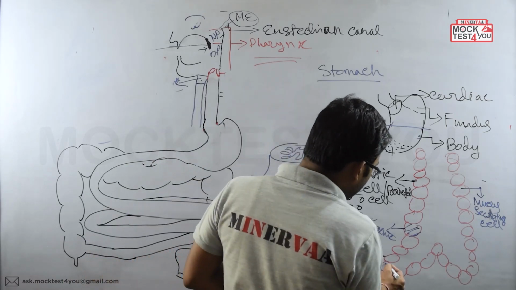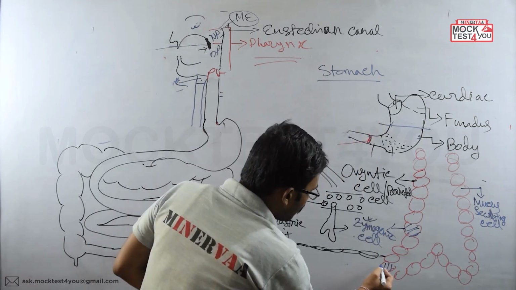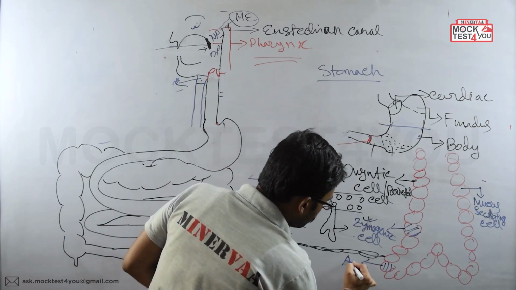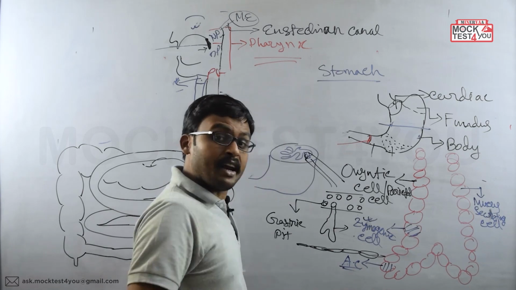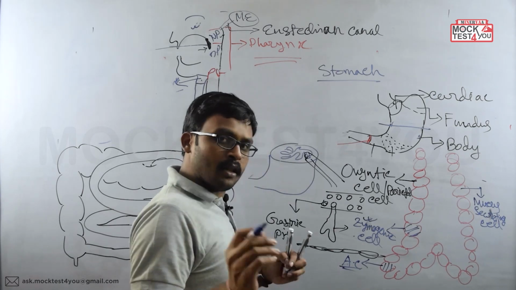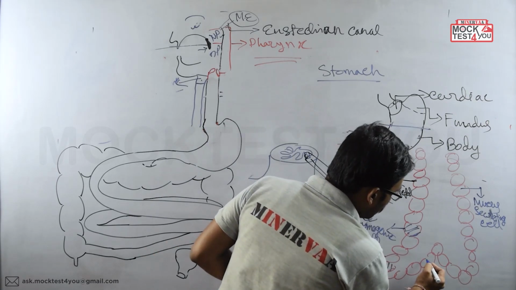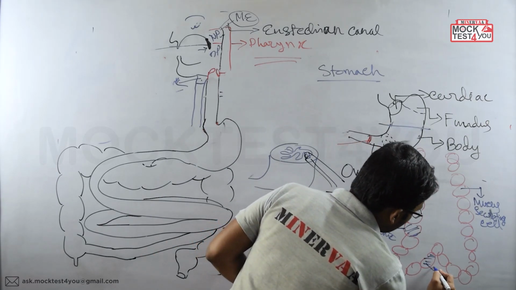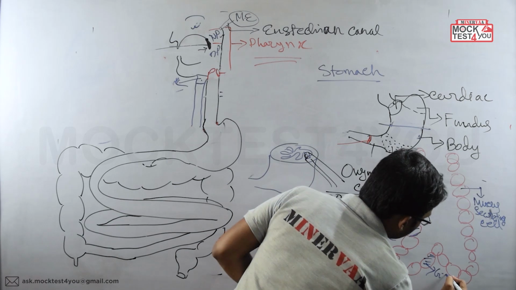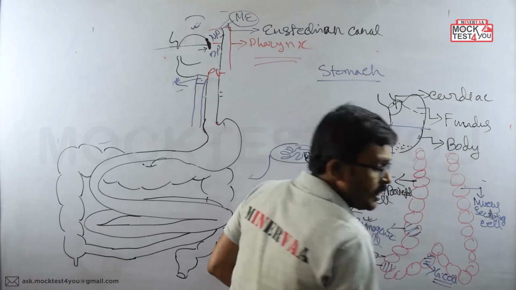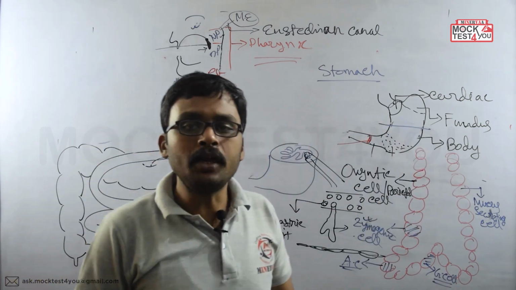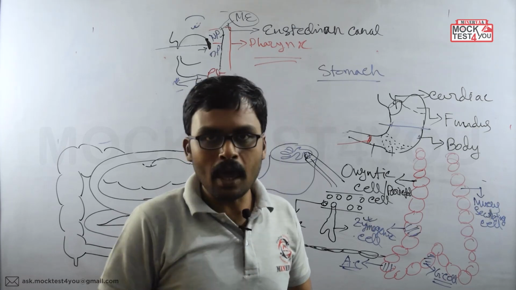One is the argentaffin cell, which secretes serotonin helping in muscle contraction, and the other is the G cell, which secretes a hormone, gastrin.